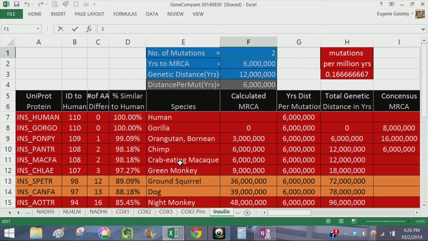And what I've done basically is, for each mutation that affects the amino acid chain, we can put the number of mutations here.